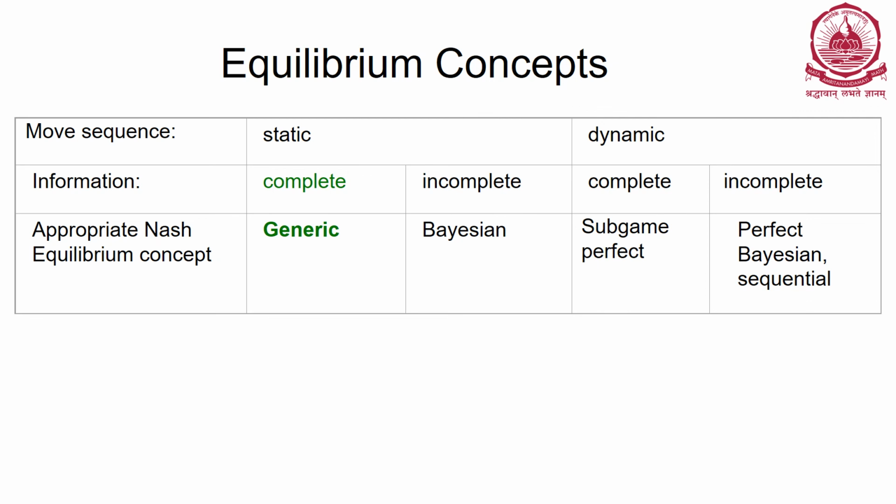And you can refer to my material on Bayesian games to get some idea on dynamic games of incomplete information. But I would strongly recommend that you watch my next video on dynamic games of complete information before you watch incomplete dynamic games, which will be modeled using Bayesian modeling.